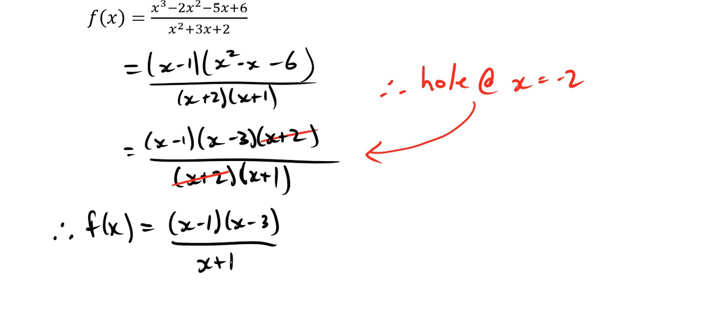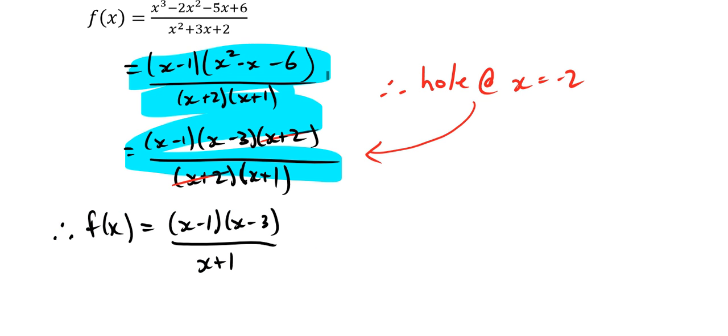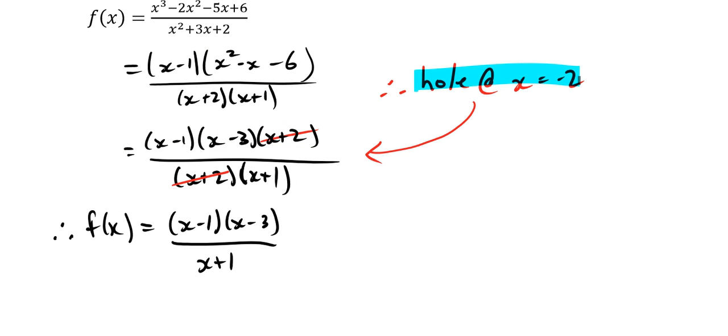This function behaves like this everywhere except at that hole where it doesn't exist. So I can ignore all of this stuff basically, except I have to remember that hole. And if you forget it in your final sketch, you're going to lose a mark.